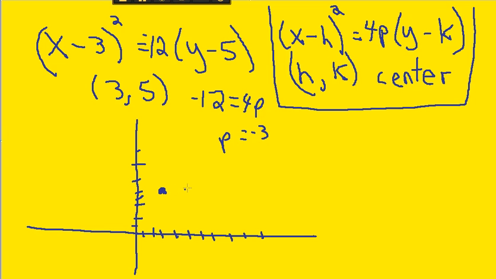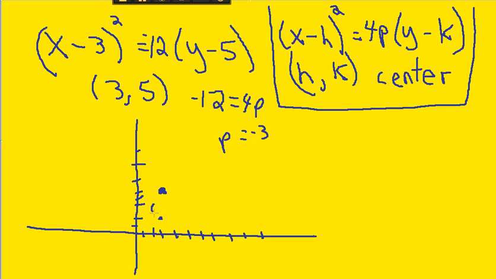Okay, that's 3, 5. And remember, that's your vertex.